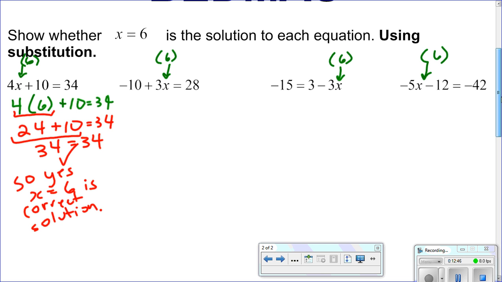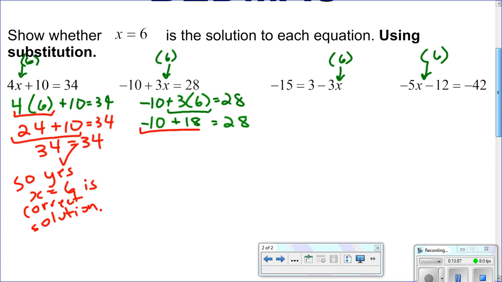Looking at the second one, negative 10 plus 3 times 6 equals 28. So negative 10 plus 18, remember we multiply before we add, equals 28.